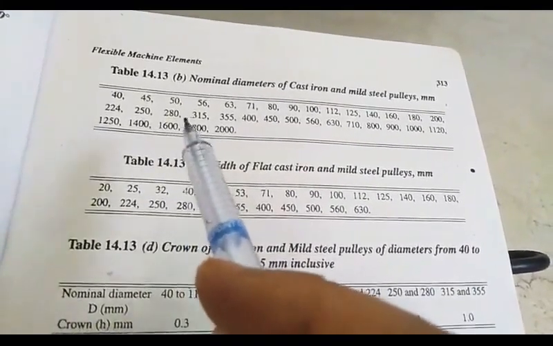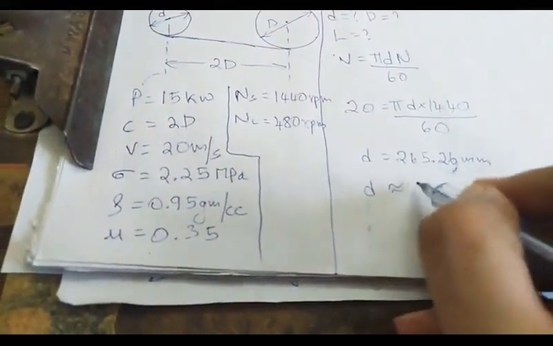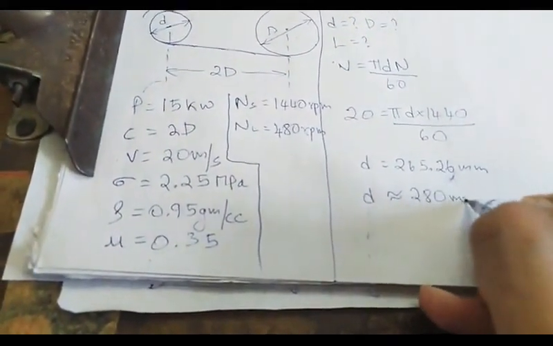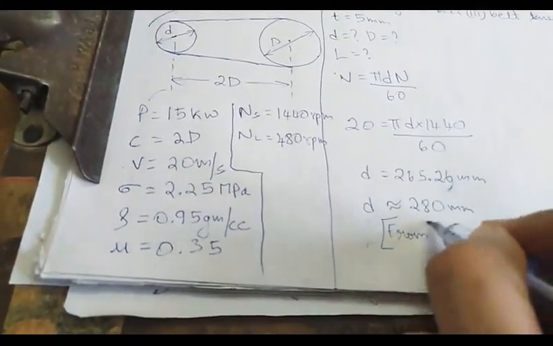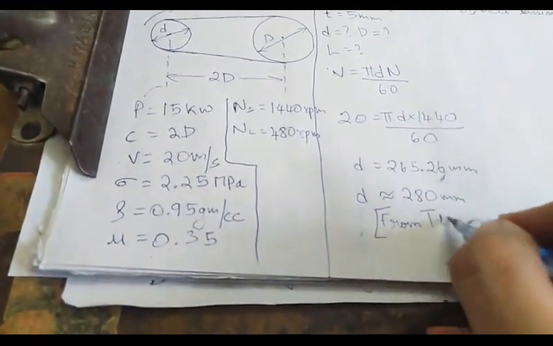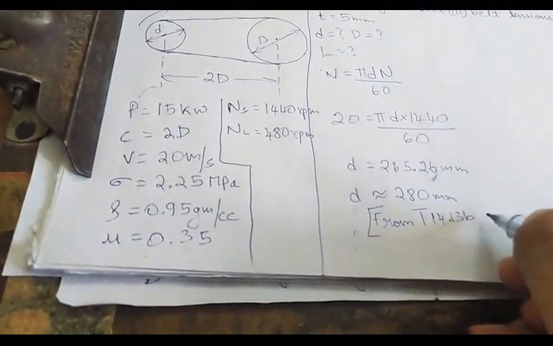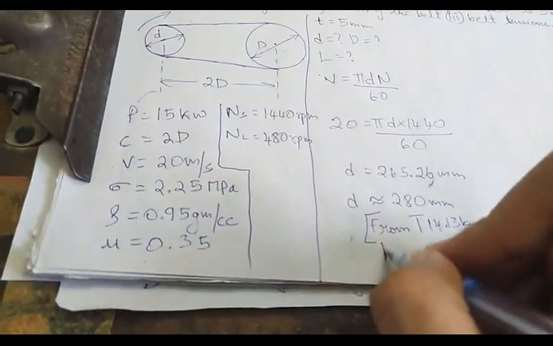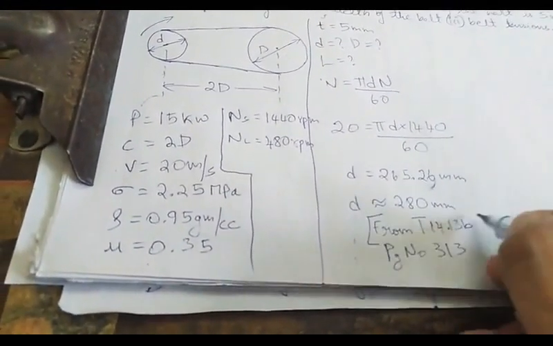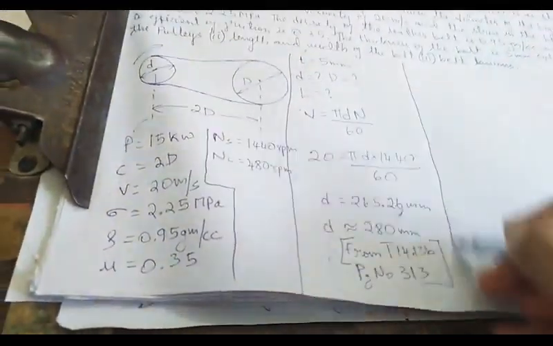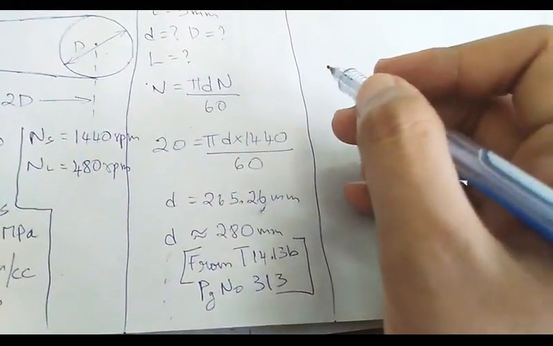So we shall take 280 mm from table 14.13b, page number 313. So we have found out the diameter.